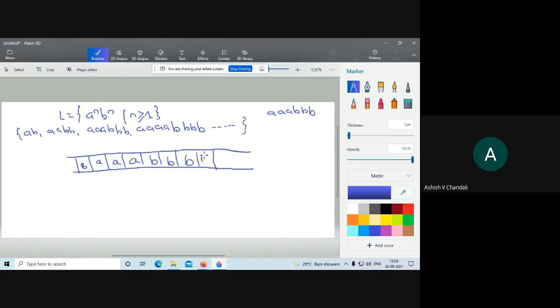Logic: there is a finite controller. Initially it will point to the left side, this one.